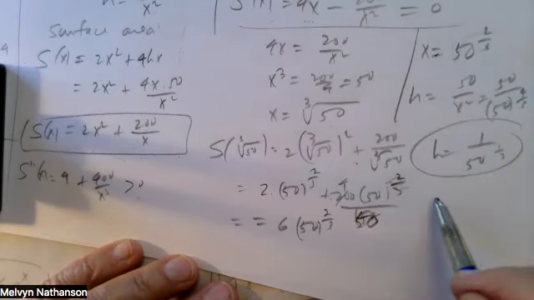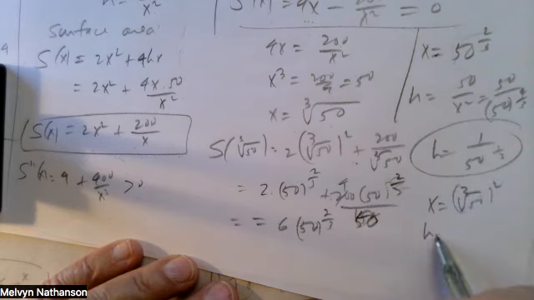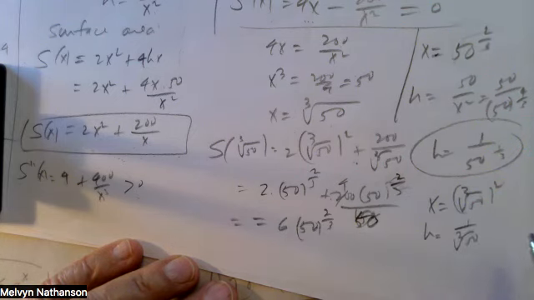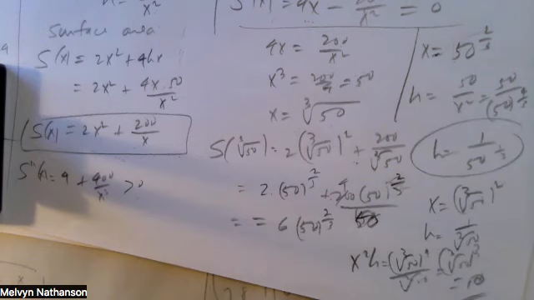So we have another way of writing this. x is the cube root of 50 squared, and h is 1 over the cube root of 50. So x squared h is the cube root of 50 to the 4th over the cube root of 50, which is the cube root of 50 cubed, which is 50, which is just what it's supposed to be.